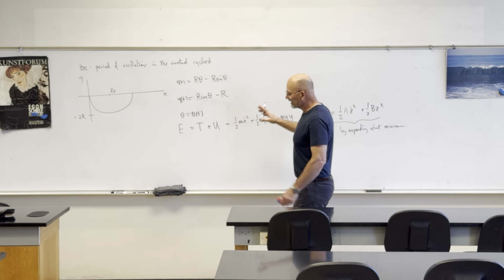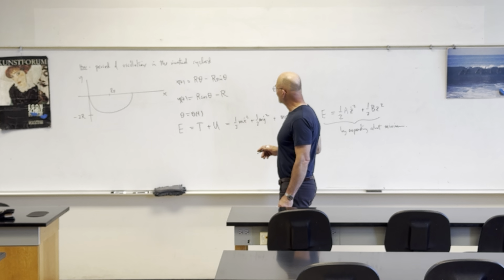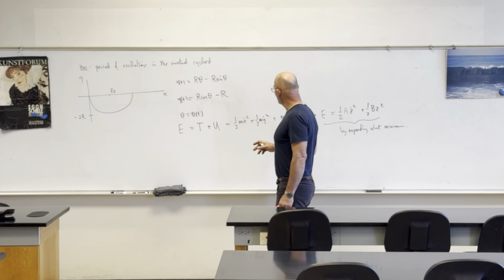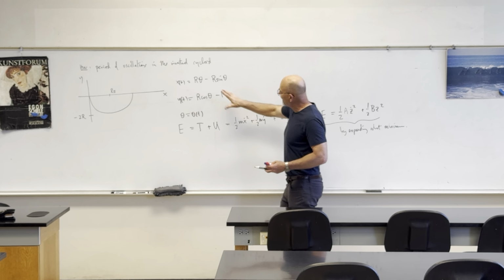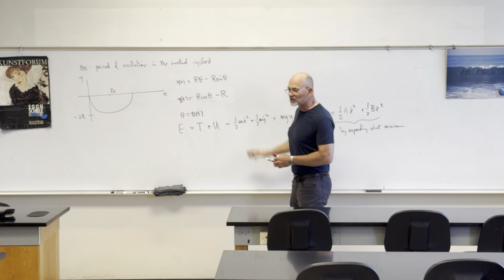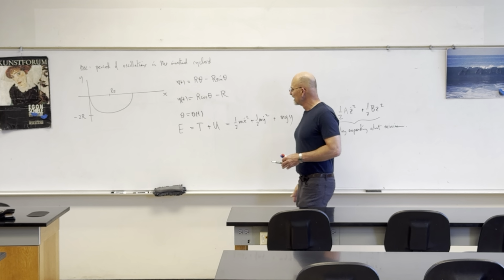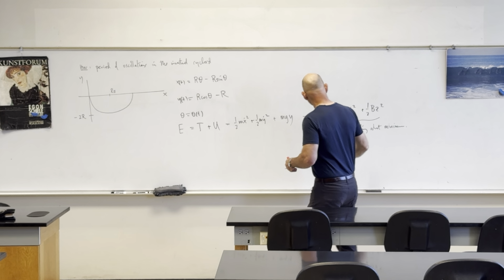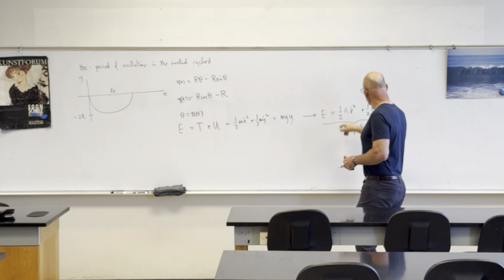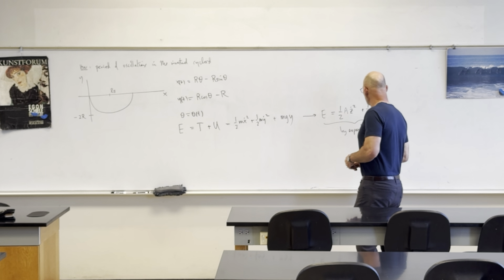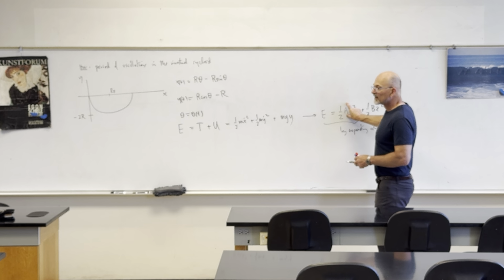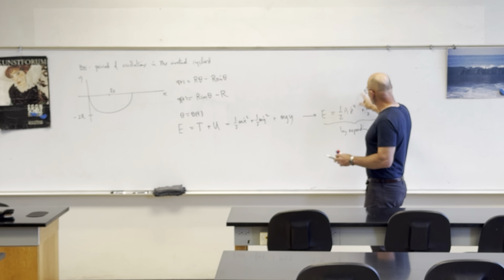There are a few intervening steps. I'm not going to do them all right now. But the point is this: you take all these things, chain rule, etc., and you end up with 1/2 A, which is still a function of theta, theta dot squared.